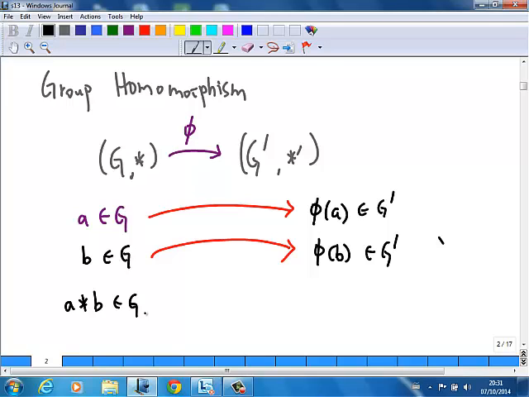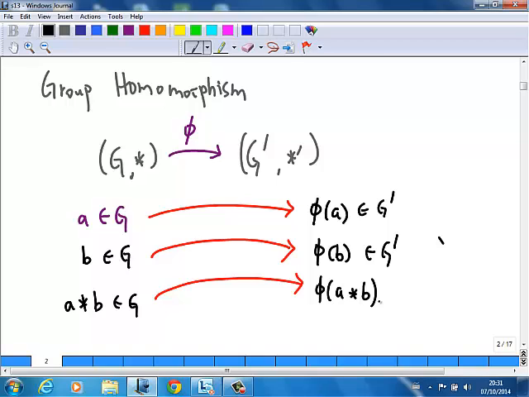So where does it go to? By definition, it's supposed to go to the image of A star B.